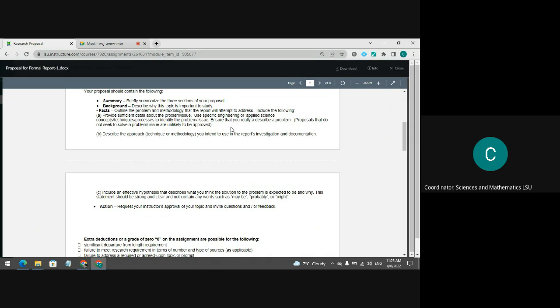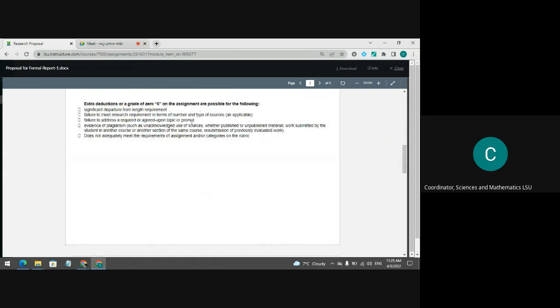We already discussed since module 1 the applied science concepts in electromagnetism. Then describe the approach or methodology and include an effective hypothesis. For the call to action, you request your instructor's approval of your topic and invite questions or feedback.